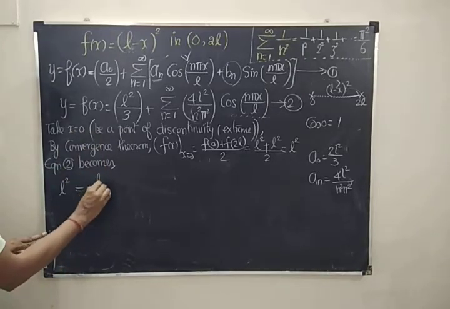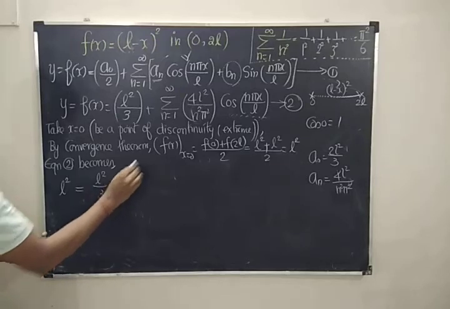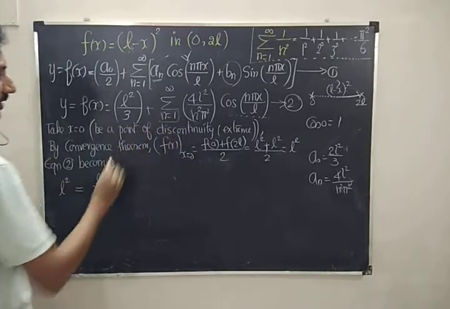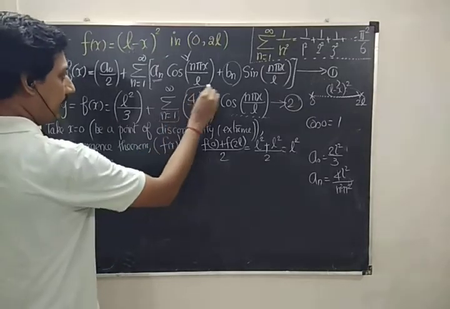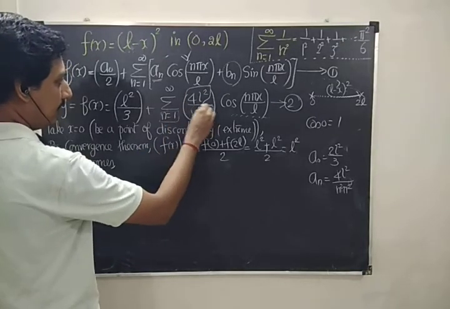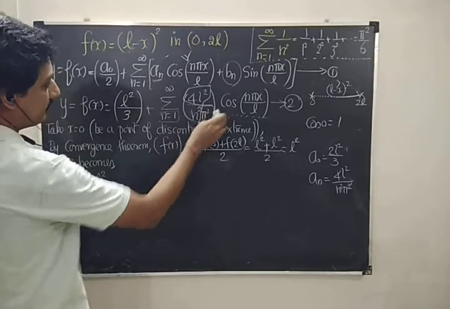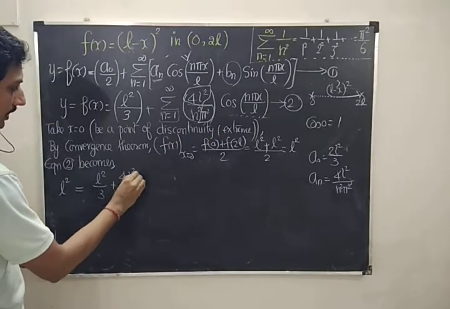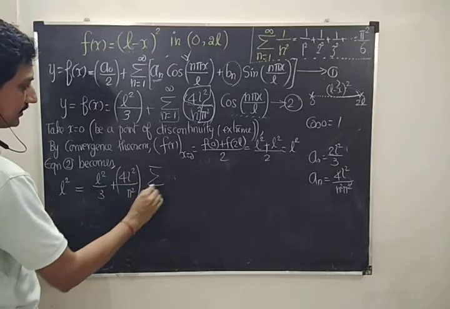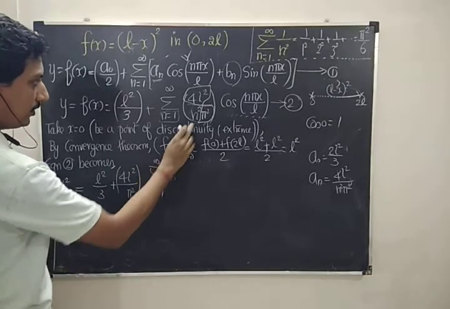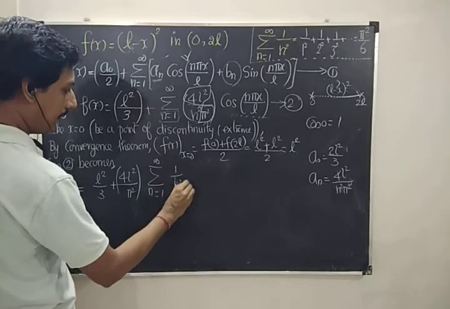Now the right hand side is L square by 3 plus this summation, which varies only with respect to the value of n. So other than the n, 4L square by pi square is constant. So let us bring them outside. The rest is sigma n equal to 1 to infinity 1 by n square into cos 0.